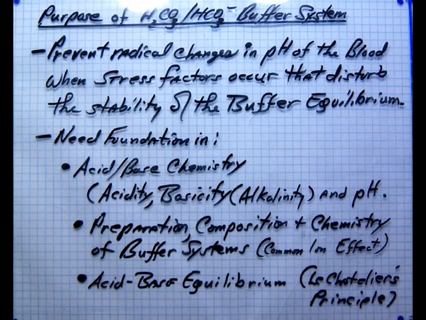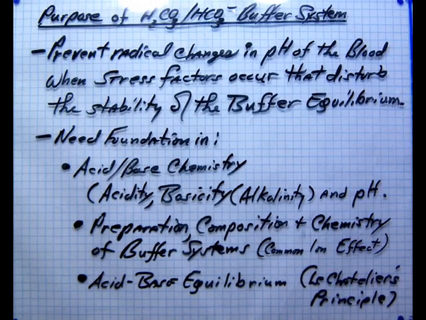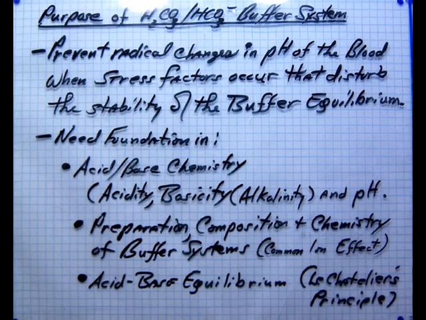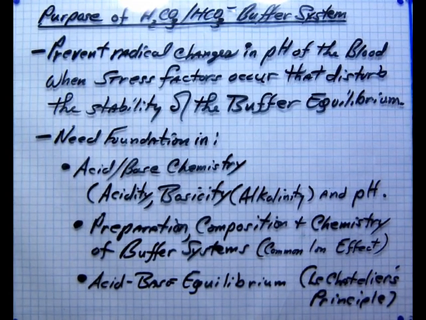Le Chatelier's principle says that if a stress is applied to a chemical equilibrium or a system in equilibrium, that equilibrium will shift away from the applied stress and establish a new equilibrium. Now, in a fundamental way, that's exactly what the carbonic acid bicarbonate process is doing.